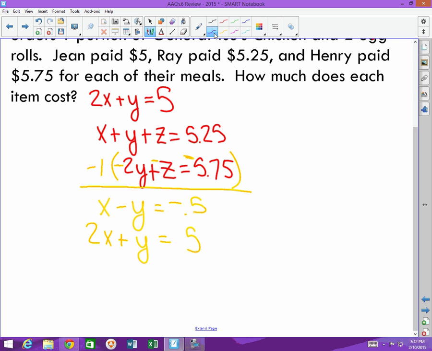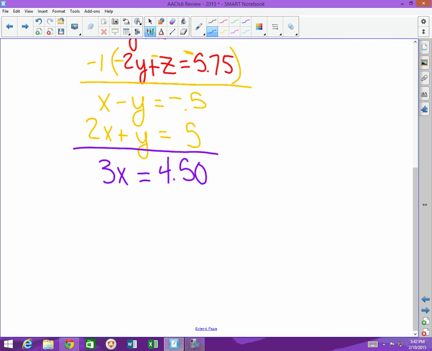And so combining these two, because they both have their opposite y's, adding this up, 3x is going to equal 4.50, or 4.5 if you don't want to write the 0. And then divide by 3. And x is going to be 1.5.